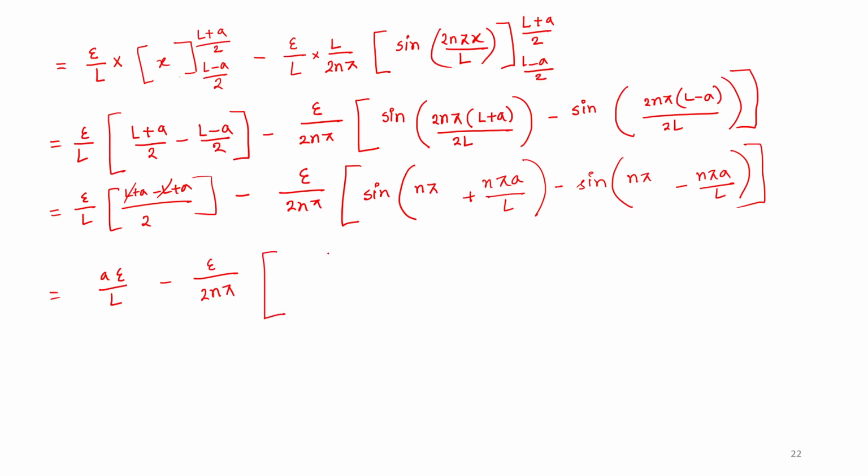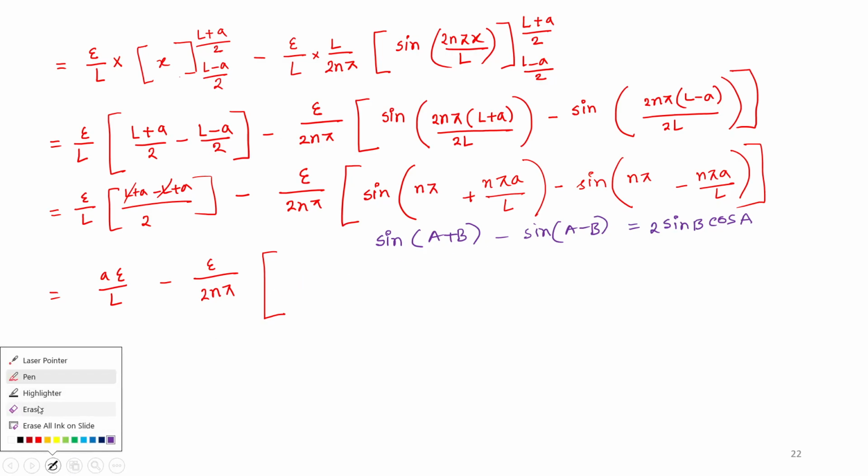So this is actually your sine A plus B minus sine A minus B format, which is 2 sine B cos A. Okay, so we are also going to get something like that.